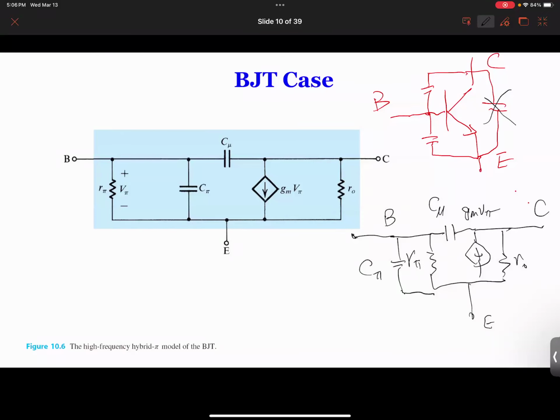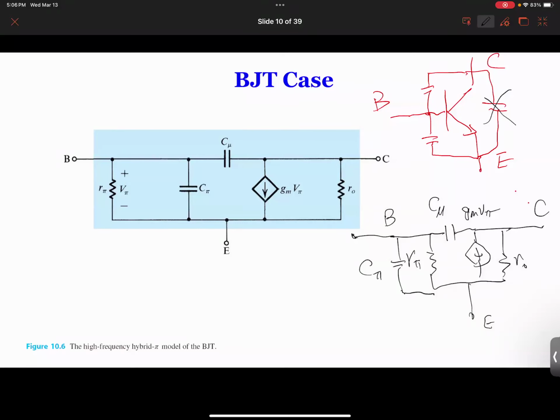I really don't care how, because those equations are physical equations from physics. People have derived them. As long as you know where to get them, that's okay. You don't have to remember those equations. But the most important thing for us is to understand the impacts of this capacitance. So for this BJT, you know that the only difference is R pi.